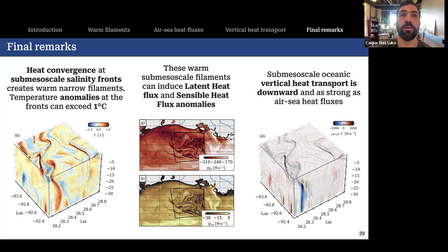Yeah, so when we computed the horizontal Turner angle for the shelf, it's mostly salinity driven. And when the warm filament forms, you actually reinforce the gradient because you have the warm water on the fresher side and the colder water on the salty side.